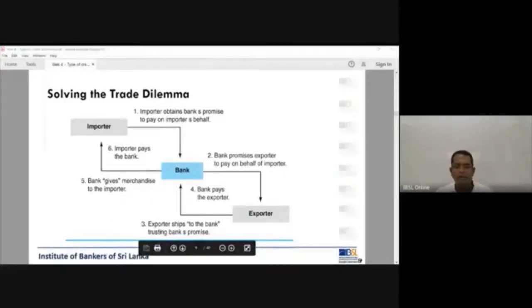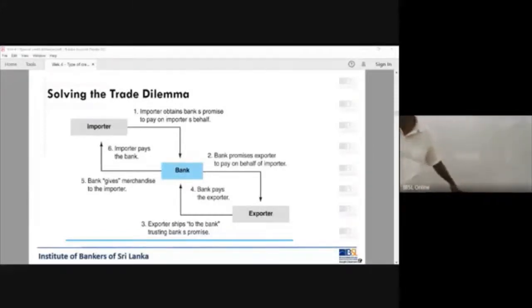I'll explain this one a little more. You can see the board. We have India. We have Sri Lanka. This is our border. We have Mr. Pereira here.